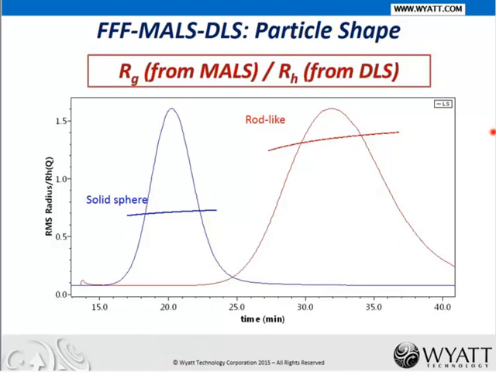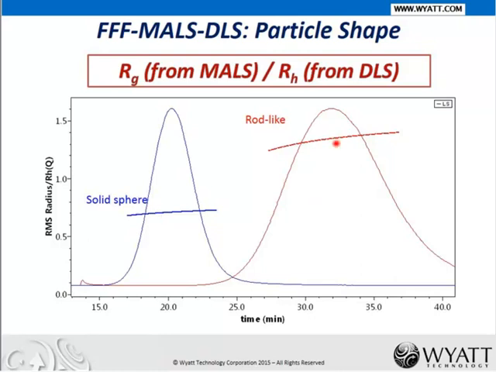The ratio of RG and RH can help us measure the shape of the particles. So the first peak here, in dark blue, has an RG-RH ratio of about 0.77, consistent with a solid sphere structure.